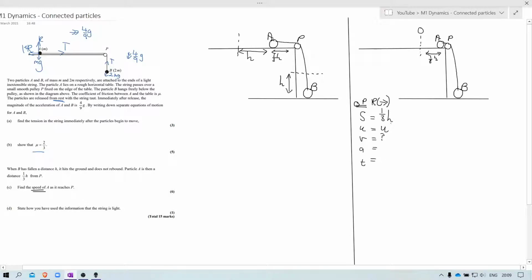The acceleration of A from O to P, again, we don't know that, and time, we don't know that, but that's irrelevant for this question. So we need to find some unknowns, V, U, and A. 3 unknowns in one Suvat equation. Obviously, that's impossible, so we're going to have to find U and A separately.